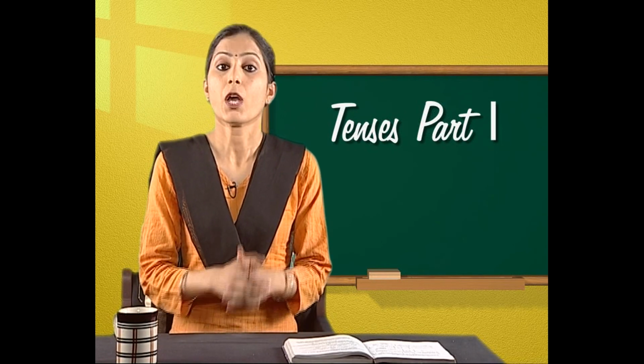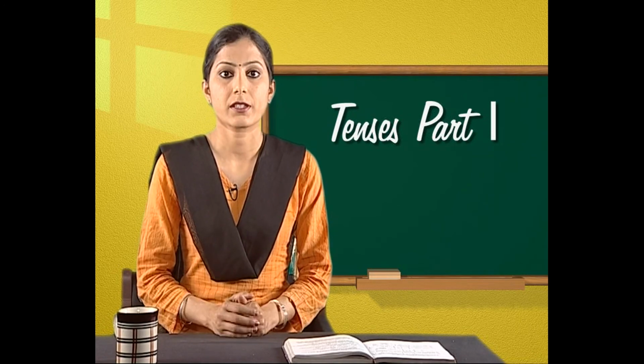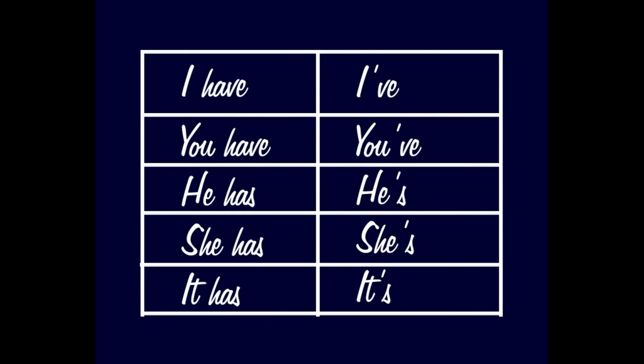When we use the present perfect tense in speaking, we usually contract the subject and auxiliary verb. We also sometimes do this when we write. Look at the two boxes of this table where you can see a difference when we contract the subject and auxiliary verb.